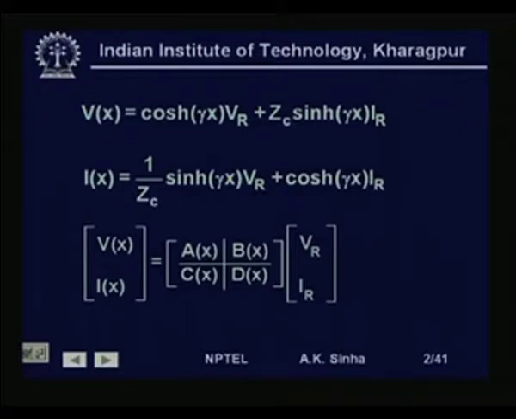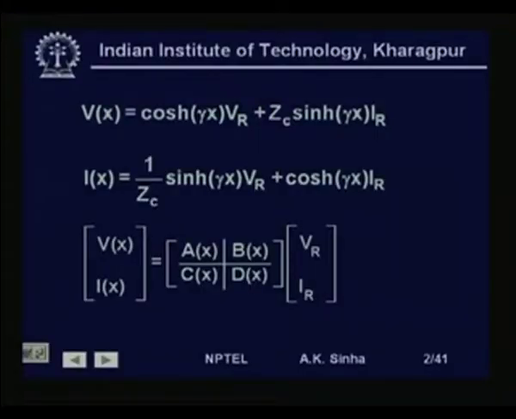Similarly, the current at a distance x from the receiving end, I x, is equal to 1 by Z c sinh gamma x into V r plus cosh gamma x into I r, where Z c is the characteristic impedance of the transmission line, given by square root of z by y, where z is the series impedance of the transmission line per unit length and y is the shunt admittance of the transmission line per unit length.